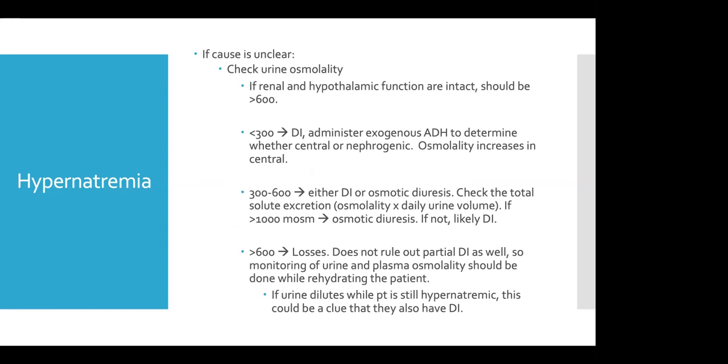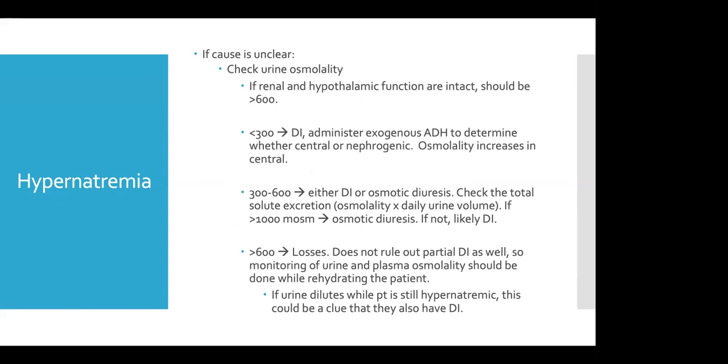Generally, if the cause is very clear, like they come in with nausea and vomiting for 10 days, then the workup is really minimal. But if the cause is unclear, then you can go down this algorithm. You can check the urine osmolality. Generally, if they have intact hypothalamic function and renal function, then they should have concentrated urine, and so basically then you can stop, unless they're on medications that alter that.